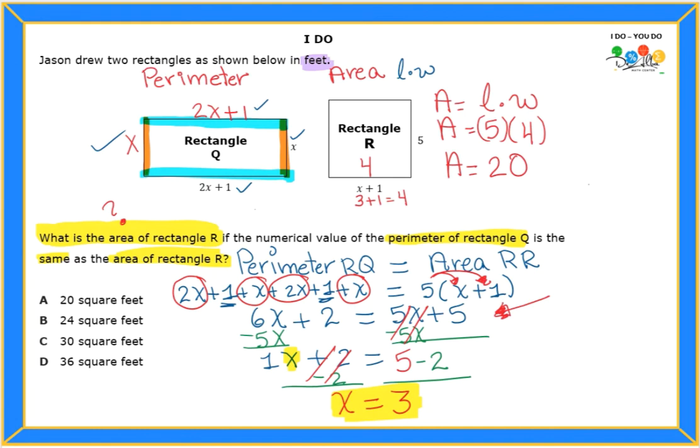So once I find the answer, remember that my answer is always going to be square feet. Okay, now that's my final answer, because they were asking me to find the area for the rectangle. And my answer will be letter A for this one.